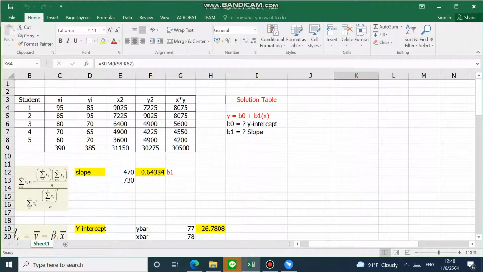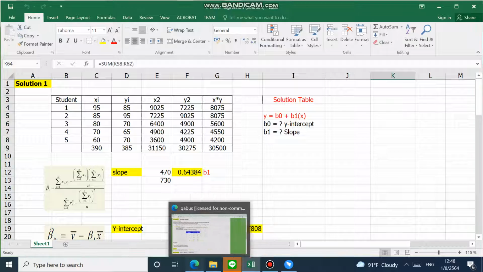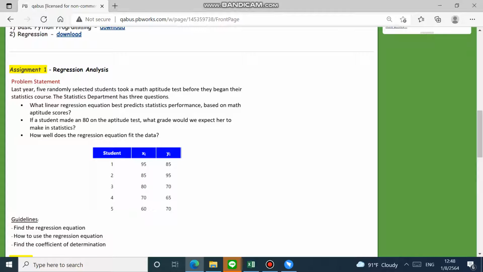That is all for the computation, and it is enough for answering all the three questions in the first assignment in regression analysis. So you may see very similar problems in the exam to these problems in assignment 1.